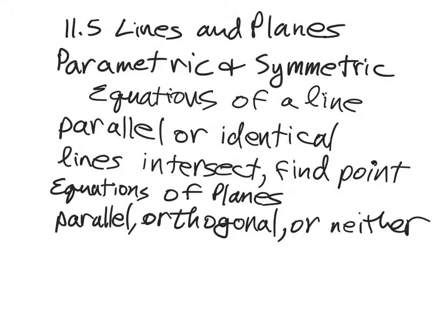Now, in section 5, we had a ton of other types of problems in the homework. I will at least eliminate some of those for the test. No distance problems, like distance from a point to a plane. Don't worry about that. No intersecting planes.